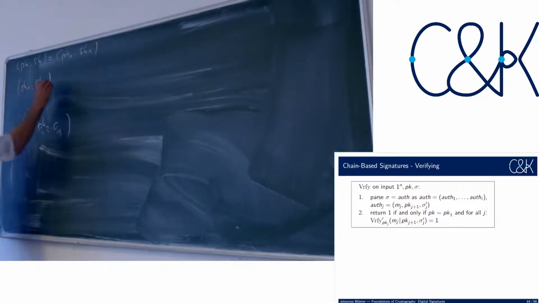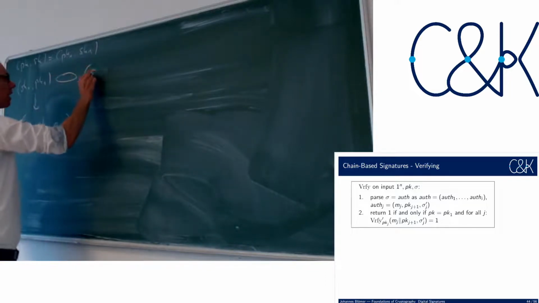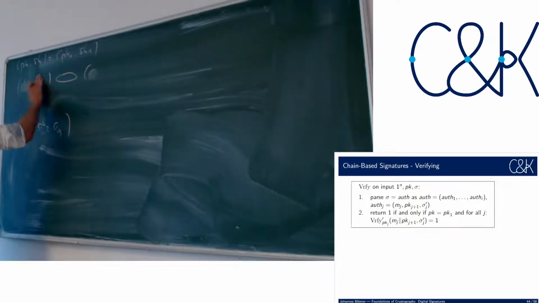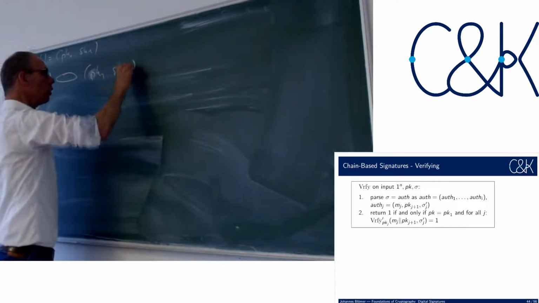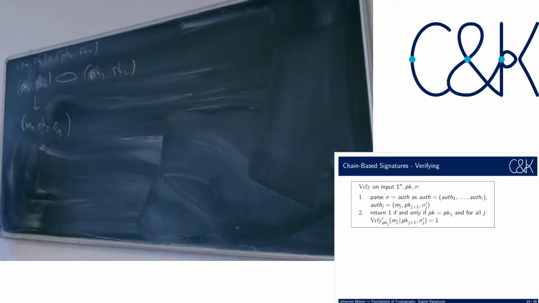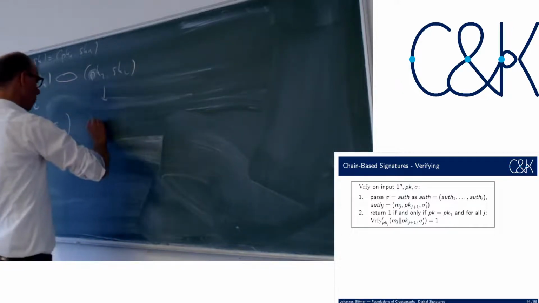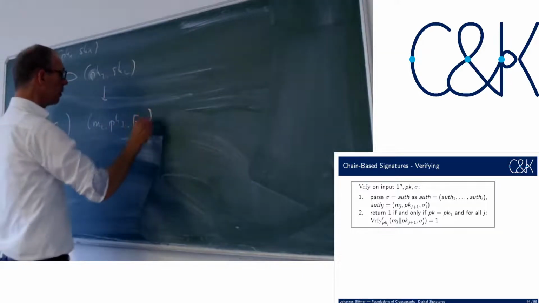So now you have a link to this PK. Then you have PK2, SK2, and this is authenticated with this one. This you then use to do M2, PK3, sigma 2.